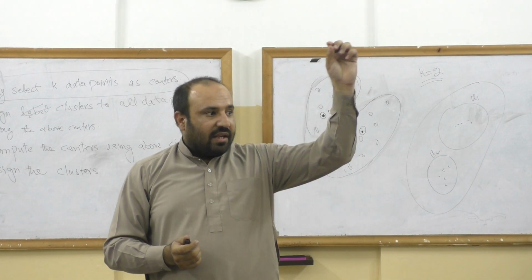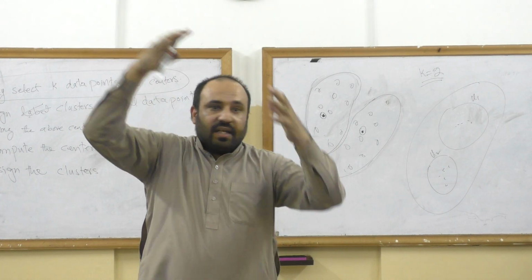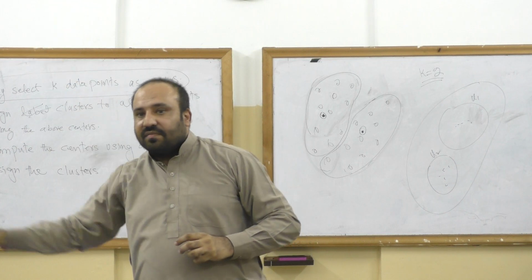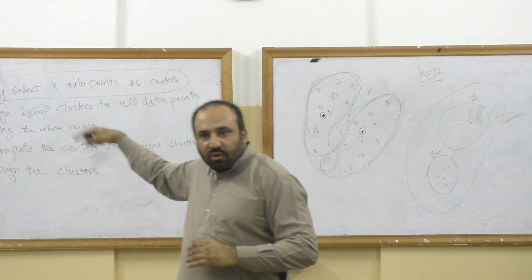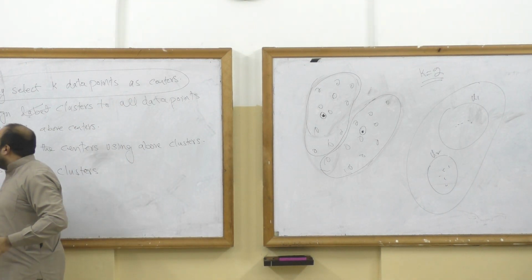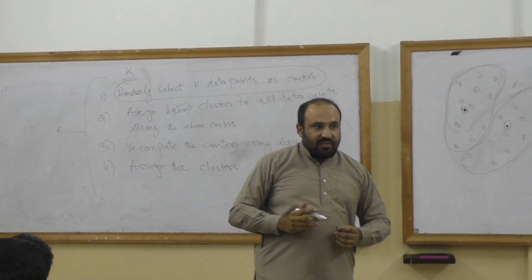The hope is, if one is going towards a local minimum, in several iterations you may have chosen a starting point that is the best. So if you do more and more iterations of the whole algorithm and pick the one which is the minimum, then the hope is you have better clustering.